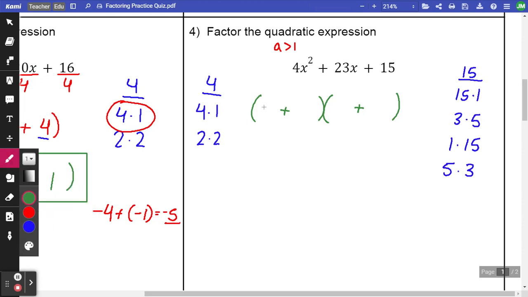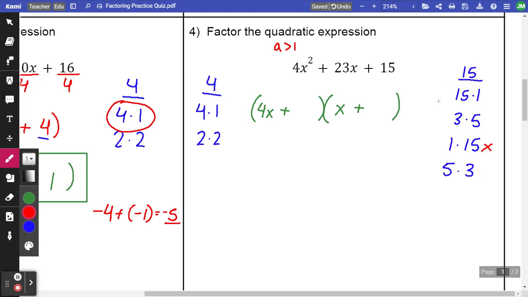If we make the scenario for 4x and 1x, if I place anything here that is 15, right, then that's going to exceed the amount of 23. So maybe not this one here. Alright, that's just way too big.